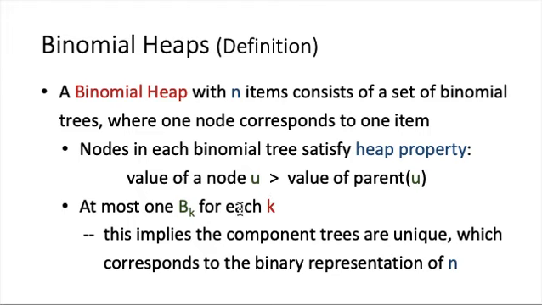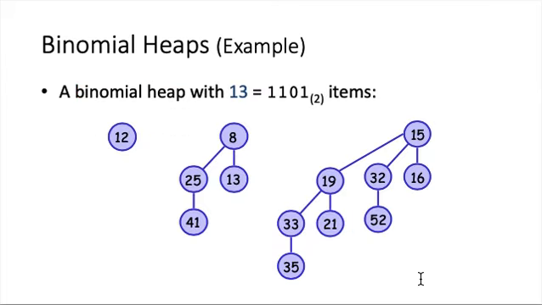Because there is only one way to represent a positive number n in its binary representation, the component trees inside the binomial heap with n items will be unique. Let us see what it means. For instance, a binomial heap with 13 items will have a structure like this. We don't care about the content; let's look at the structure.